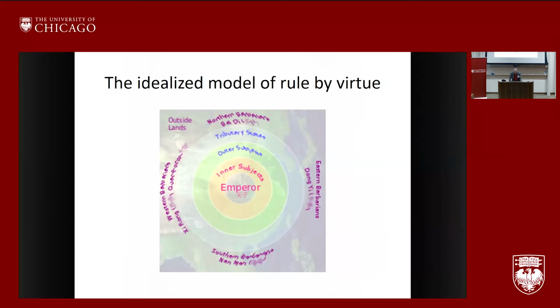Outlying territories contributed nothing in this scheme, except that obedience confirmed the center's greatness. And the sign of success with faraway peoples was more that they, as the phrase went, turned towards civilization in symbolic ways, rather than by paying taxes, being counted in censuses, or actually following central government laws.